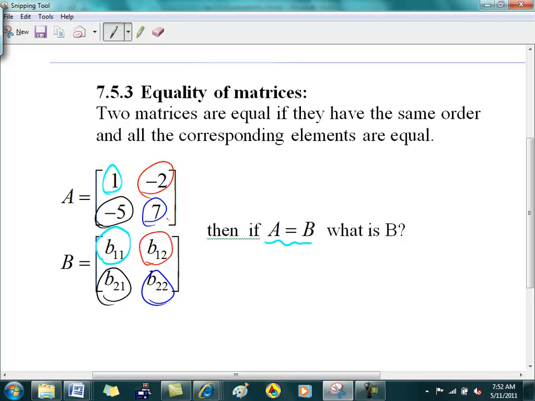Which means that B is also going to be a 2 by 2 matrix, and it's going to be 1, minus 2, minus 5, 7. All right? So here's the definition for two matrices to be equal.